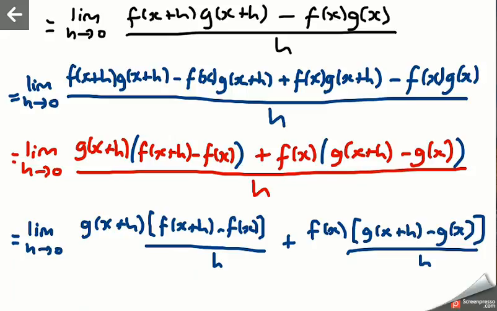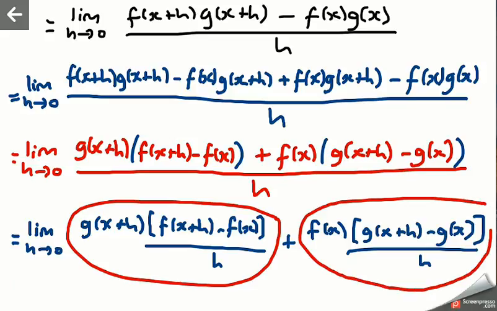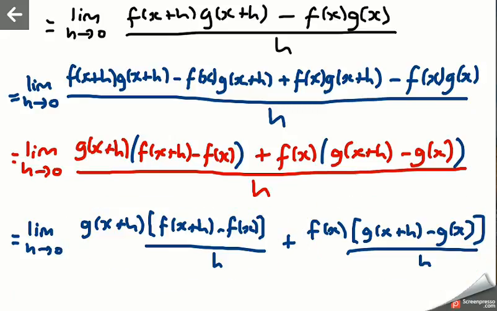If this part of the sum is getting closer and closer to some number, and this part of the sum is getting closer and closer to some number as h gets closer and closer to 0, then the whole thing, both of those added together, is going to get closer and closer to whatever this thing approaches, plus whatever this thing approaches. So we can actually rewrite this as the sum of two limits.